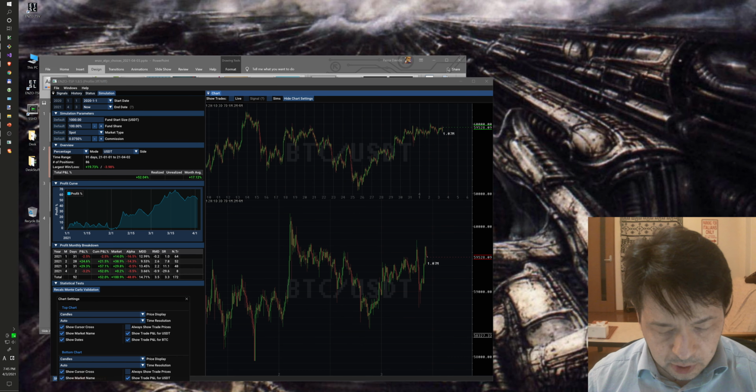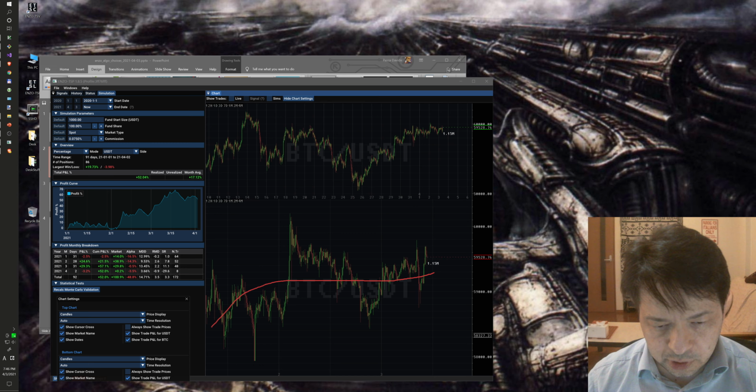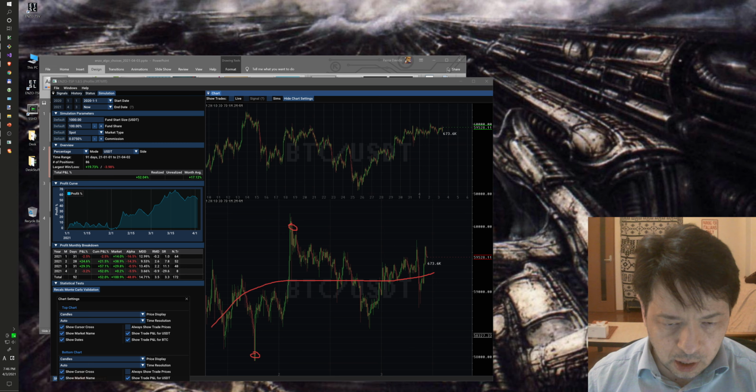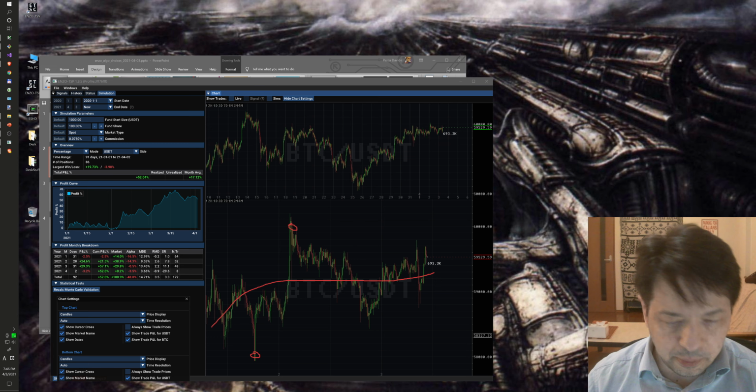So a median could be something like this, right? And then the idea would be, if it is below the average, it's probably a good idea to buy. And if it is above the median, it's probably a good time to sell, because the market tends to snap back to the median.